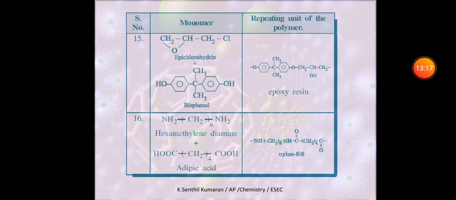Yes, 6 carbon atoms, 6 methylene groups connected with two amine groups. Another monomer is called adipic acid. In adipic acid, there are 2 carboxylic groups and 4 methylene groups, so totally 4 plus 2, 6 carbon atoms. So we represent it as 6,6.